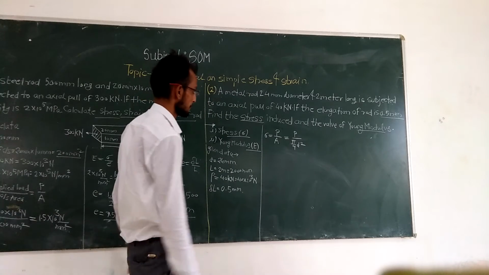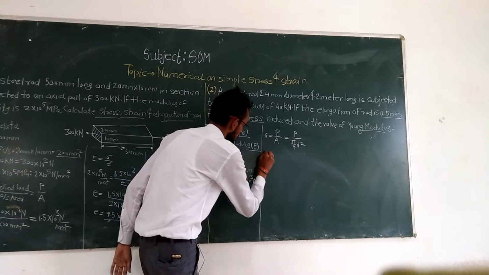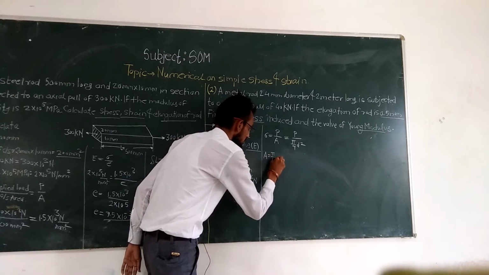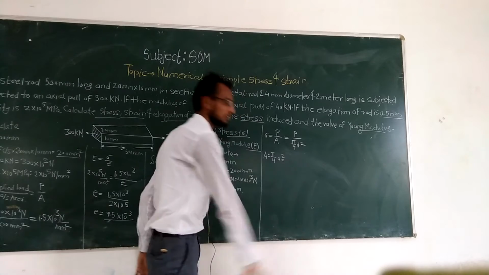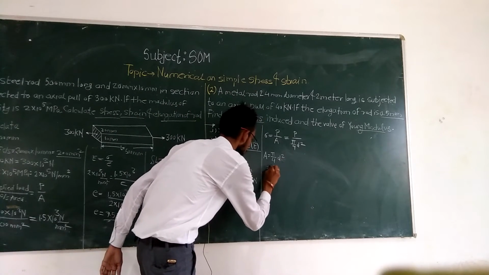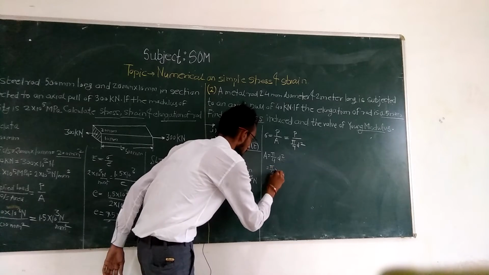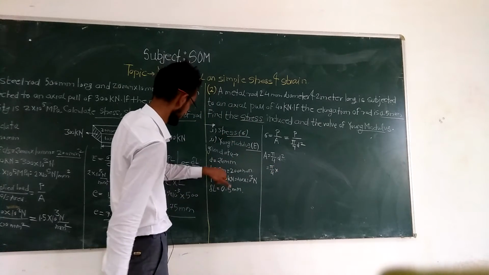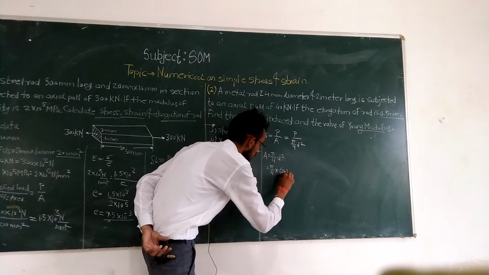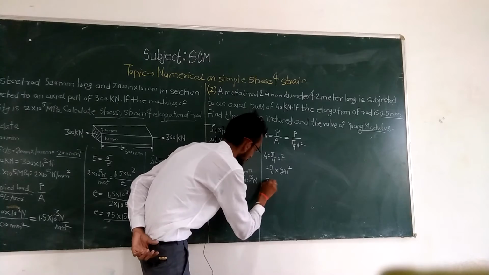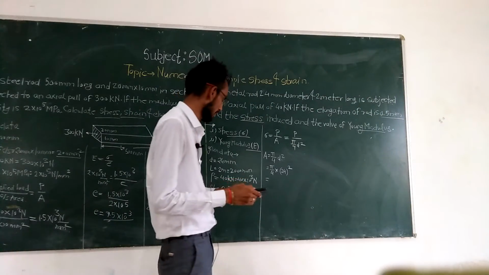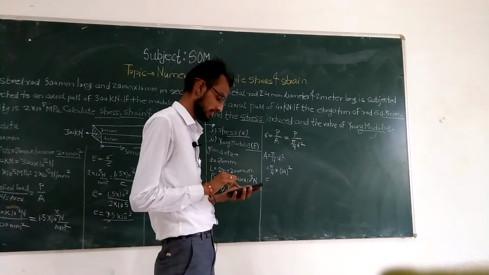For simplification, first we calculate the area, pi by 4 d square. The diameter is given as 24 mm, so pi by 4 into 24 square.